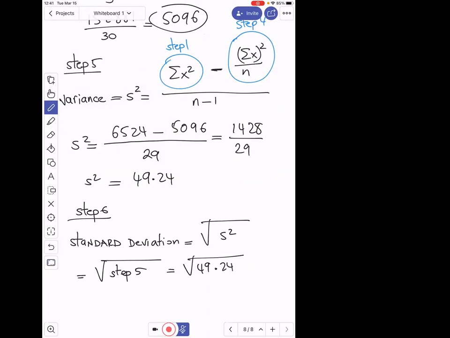And the answer here, I think, is equal to 7 point, I think, 0.1. So that'll be the standard deviation, S. So this is my standard deviation S. All right, guys.